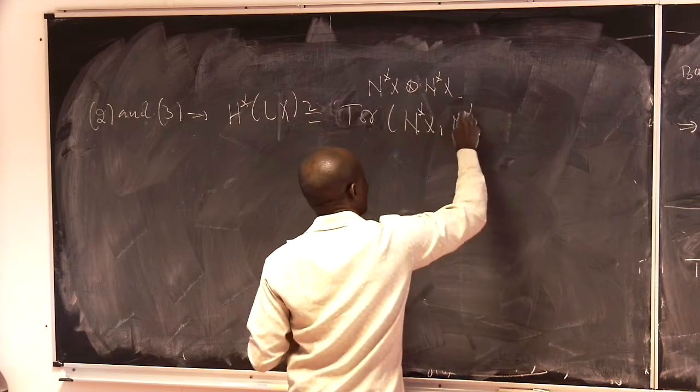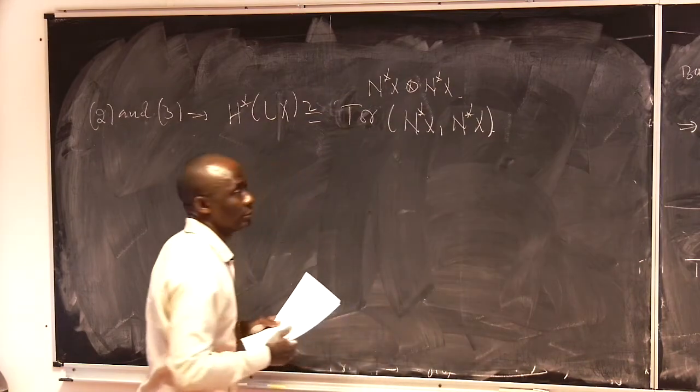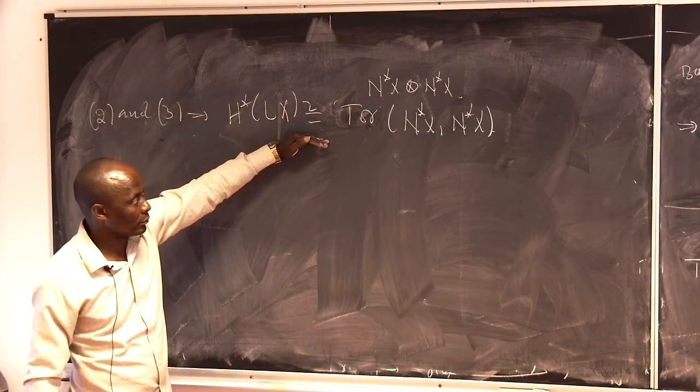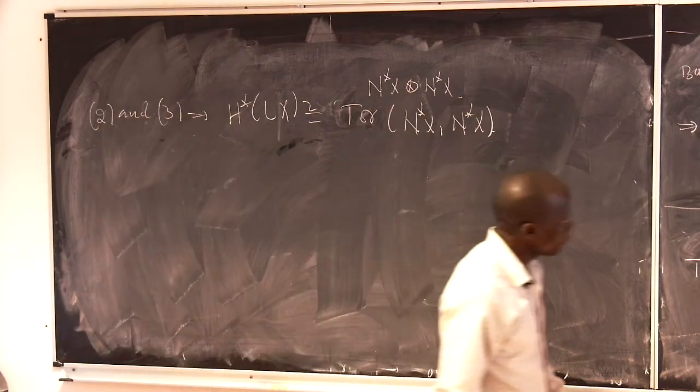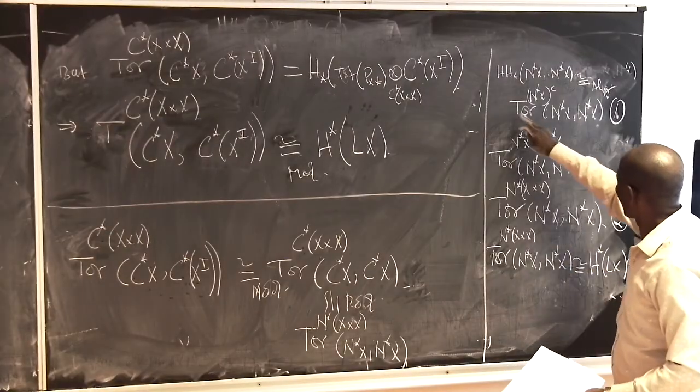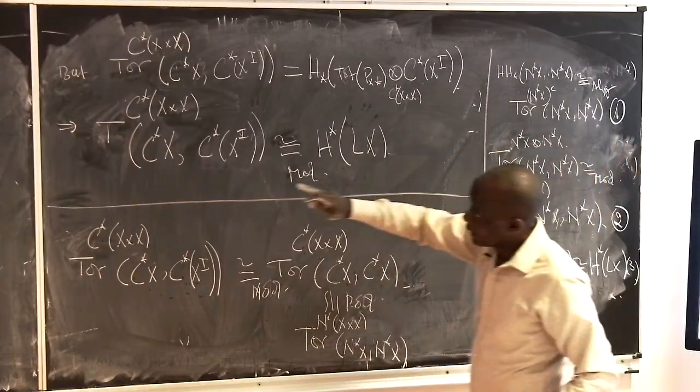Having 2 and 3, to move to the bijection that we want to prove, we just have to prove that this transfer product is isomorphic to this other transfer product.